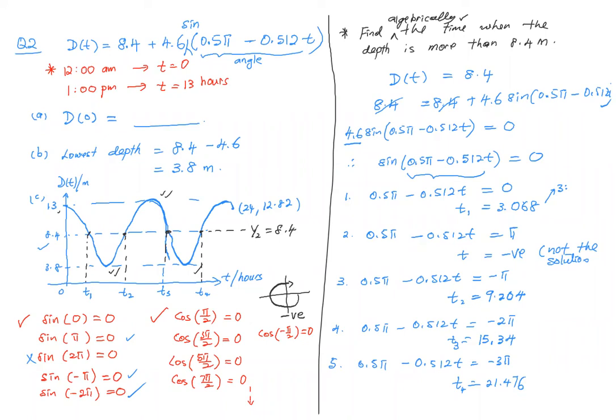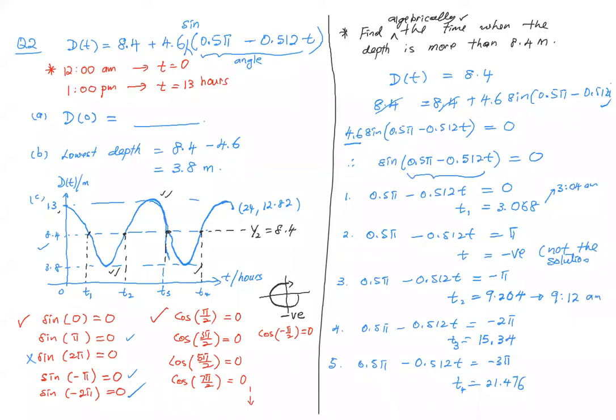So 3:04 a.m. And this one, 9.204, times 60. Yeah, 9:12, also a.m. Am I right?